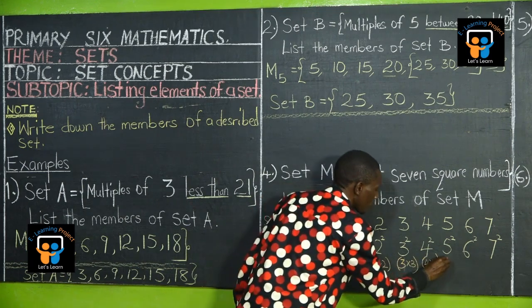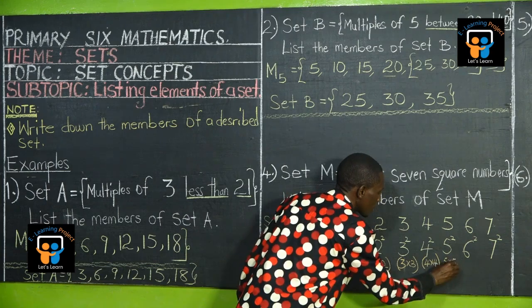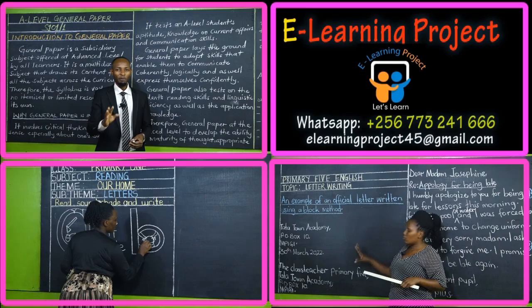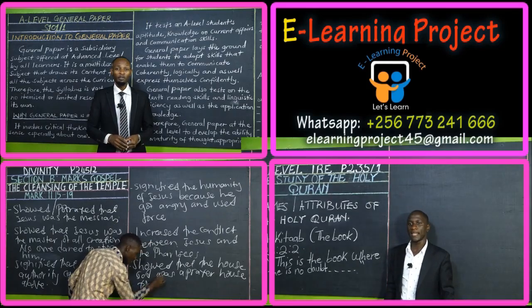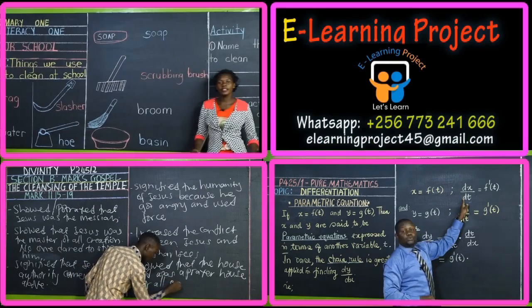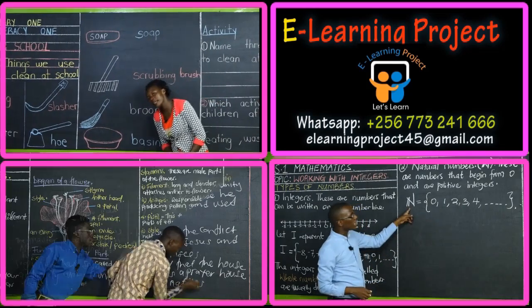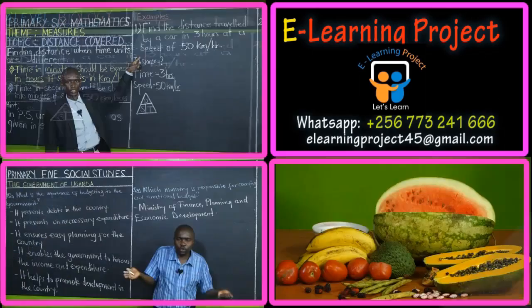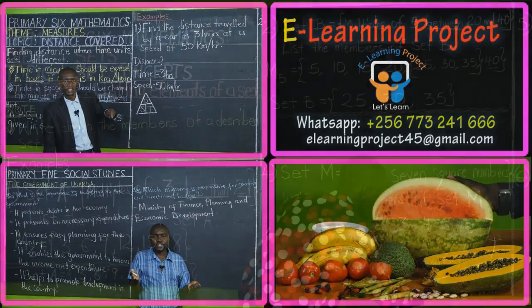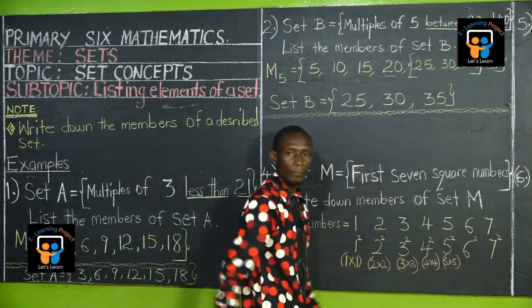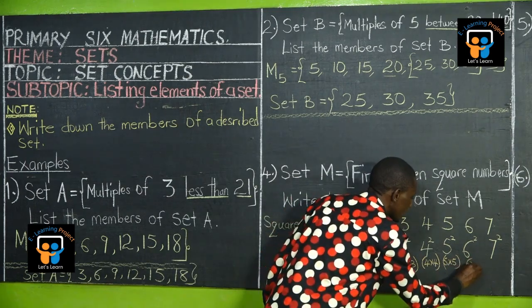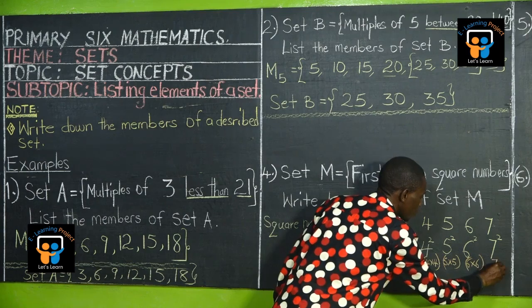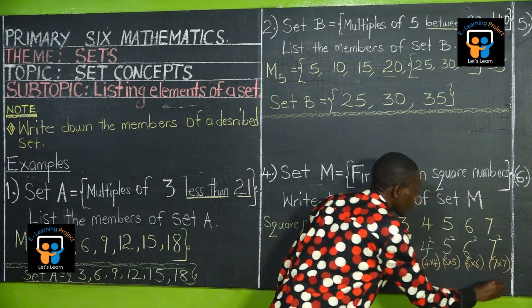Then here, 5 times 5, and then there, good, 6 times 6, and lastly 7 times 7.